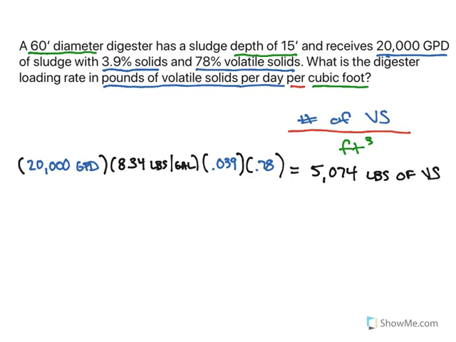Now to calculate cubic feet, I'm going to use the radius. So radius is 1/2 the diameter. So pi times the radius squared. So radius squared would be 30 feet times 30 feet times pi gets us to the surface area, and then times depth is going to give us the volume in cubic feet.